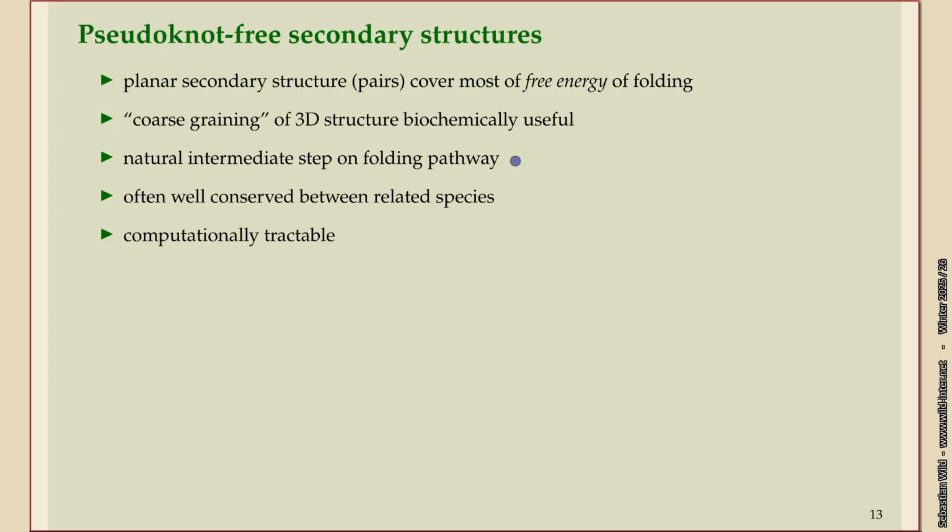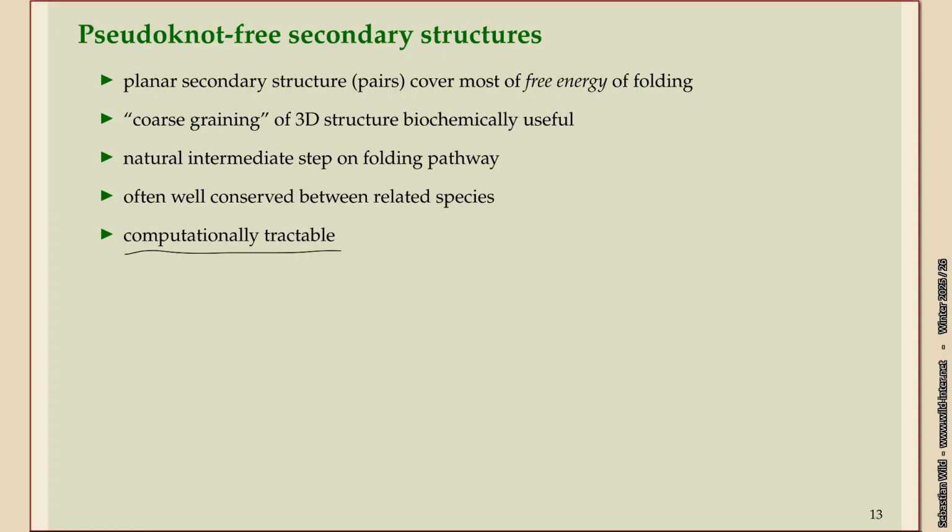This coarse graining might also, remember the video, hint you better at the pathway to get to that folding as opposed to just showing the final result. And the last point, of course, for us is useful. If we want algorithms that find a structure, then we need to pick a restriction of the problem where we can give such algorithms.